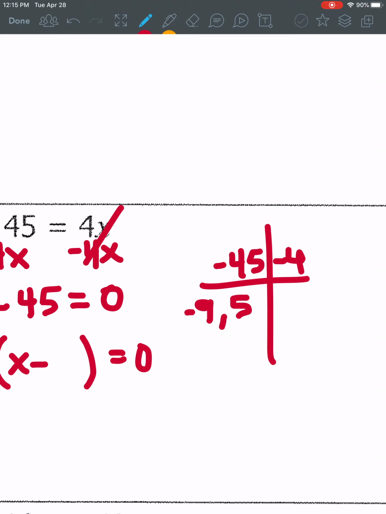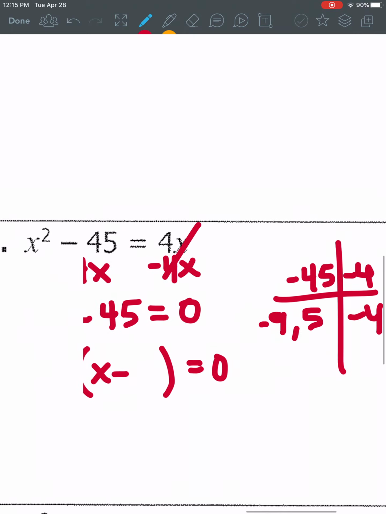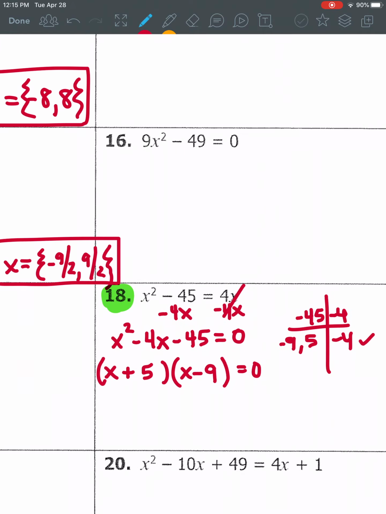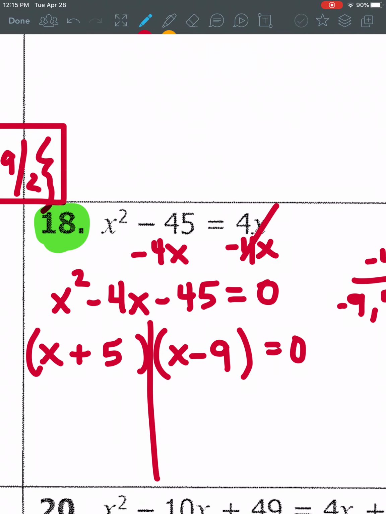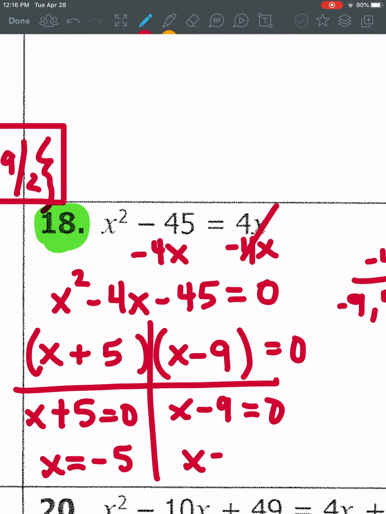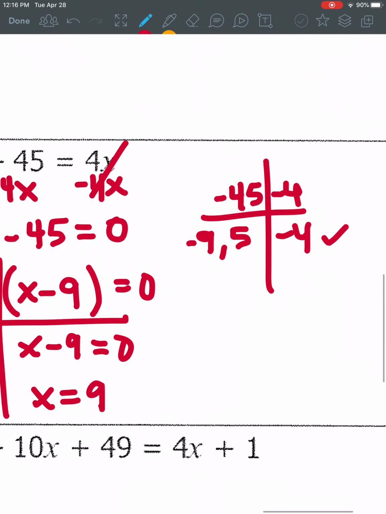Negative 9 and 5. Multiply to negative 45. Add to negative 4. So that works. So then x minus 9, x plus 5. And then we can set both of those binomials equal to 0. So x equals negative 5 and x equals positive 9.